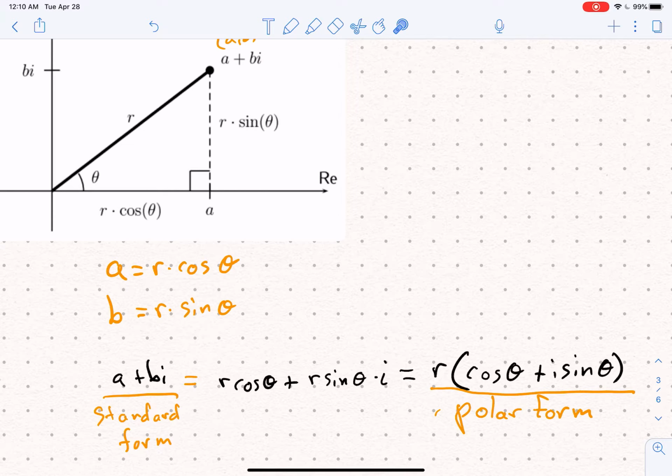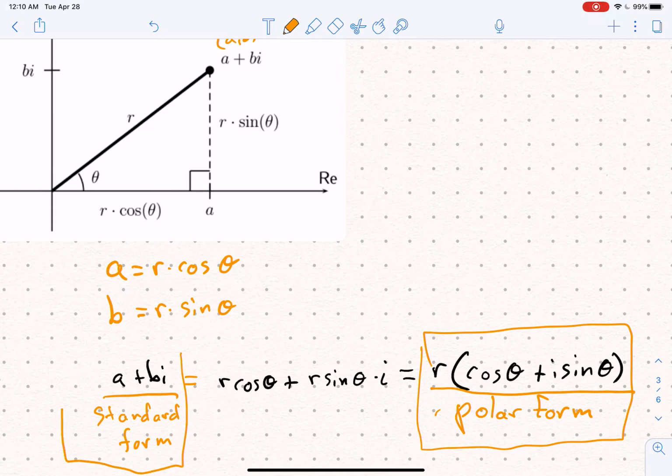So, what do we have so far? We have the definition of polar form of a complex number is this guy right over here, and then that's the standard form of the complex number on the left. Okay.